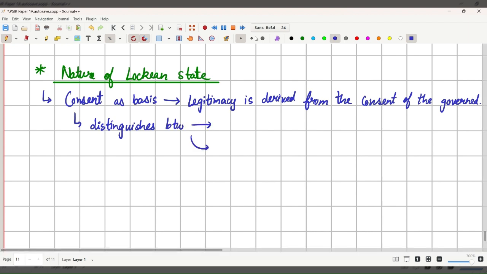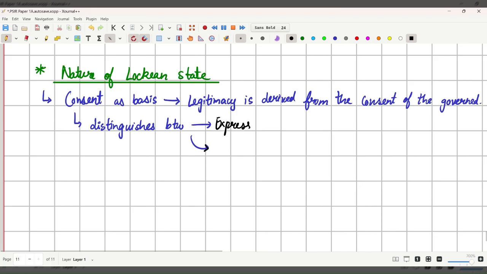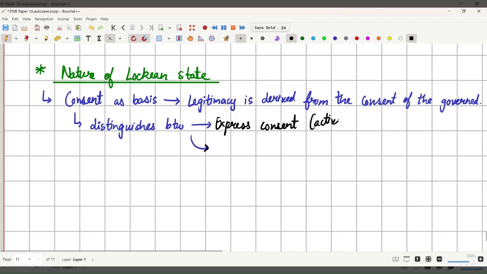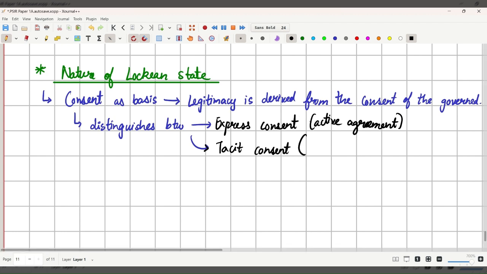First is express consent, which basically means an active agreement, and a tacit consent, which is basically implied by living under the laws.